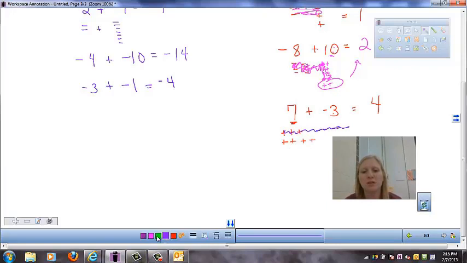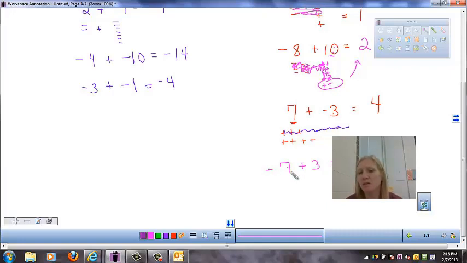Now I'm going to switch that around and see if you can handle one like this. What if I made it negative 7 plus 3. Ooh, that one's different. You still subtract 7 minus 3. What is 7 minus 3? It's 4. But this time, the 7 has the negative, and it's the bigger number.